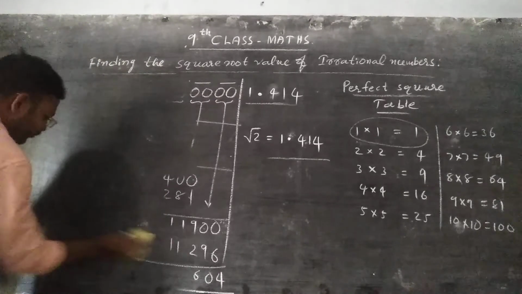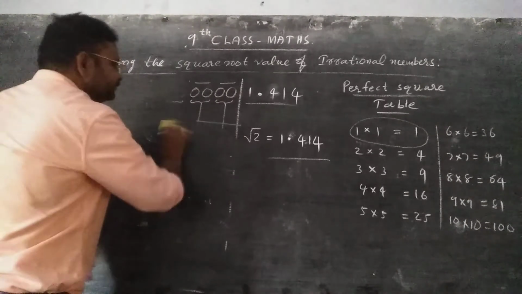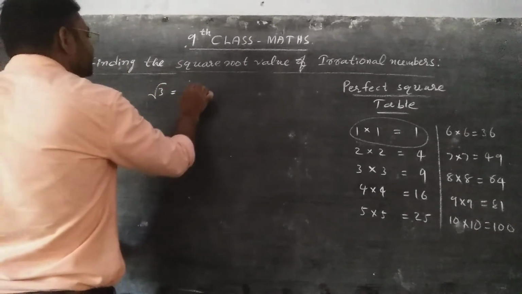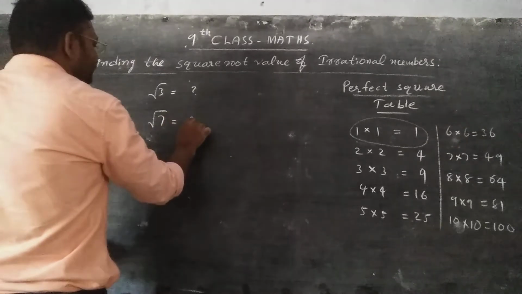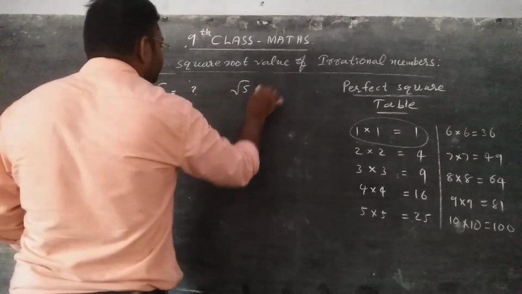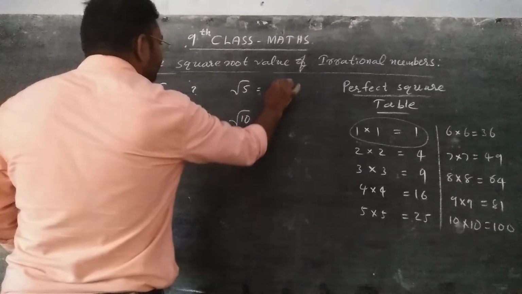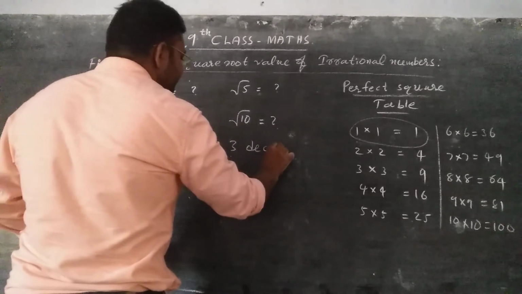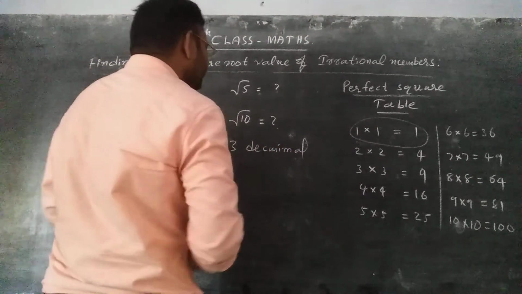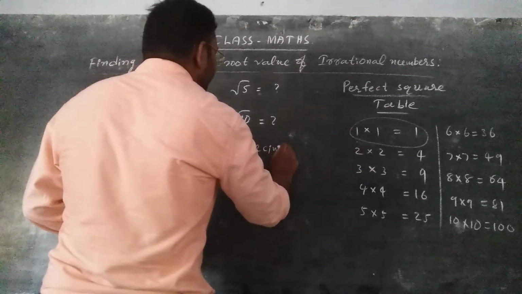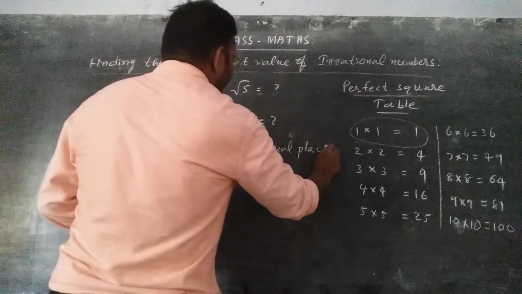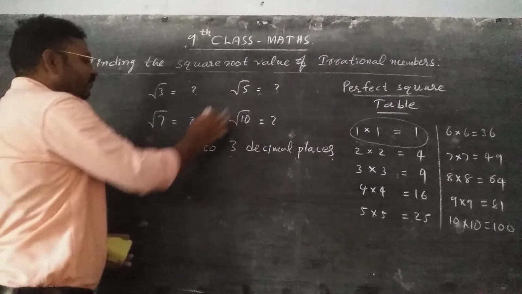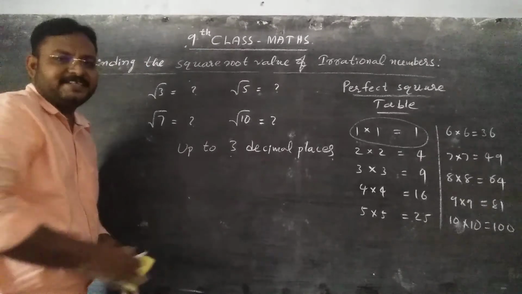Find the square root value of 3, root 5, root 7, and root 10, up to 3 decimal places.